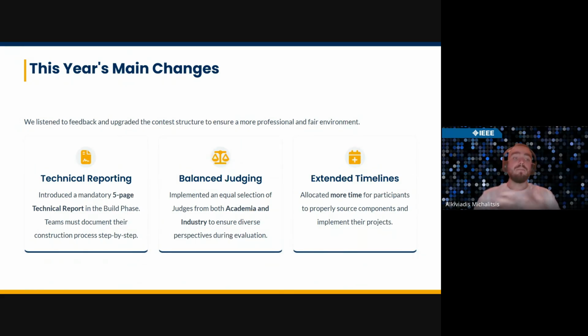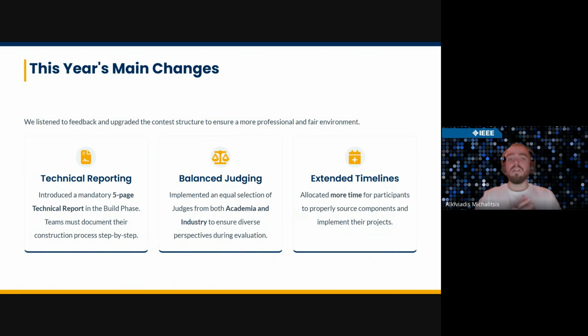We have added technical reporting for the build phase, where we introduced a mandatory 5-page technical report. You will have to document your construction process step by step, so that if during the build phase the judges want to implement your project, they will know exactly how to do it and see that this prototype works on their own.